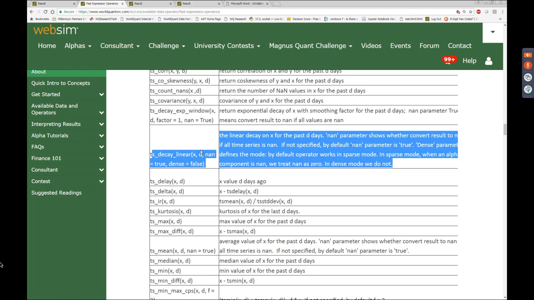Without normalization, if you look at the linear decay over the last 5 days, you put 5 times the weight on today's value versus the value 5 days ago, and in between it decreases linearly. So yesterday's value gets 4 times the weight of the value 5 days ago, and so on.